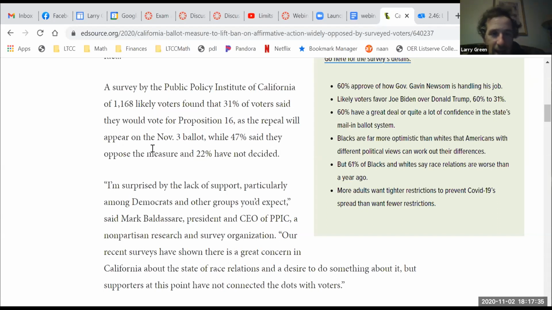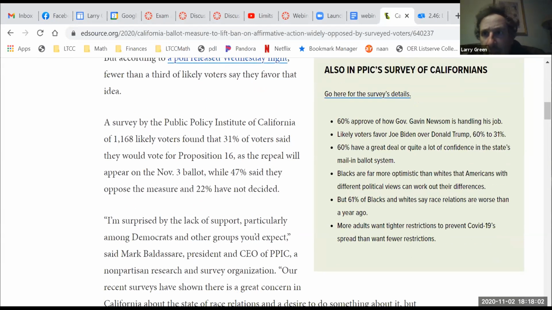Okay, note that we have 47%. Let's see, 31% are yes. And 47% are no. And I'm going to just do a very simple little thing here.